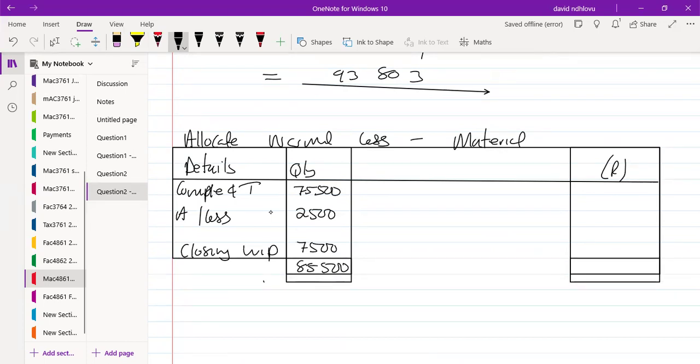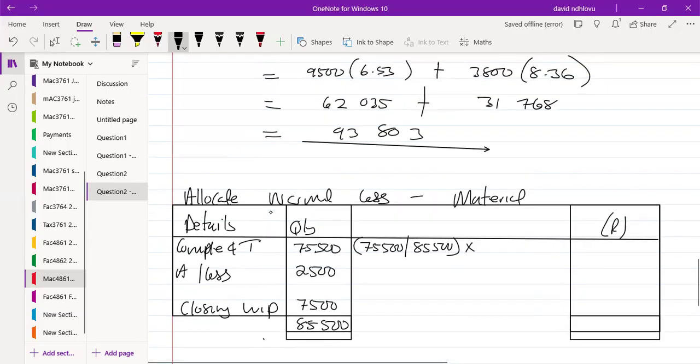So then we are saying, let's share the normal loss based on that total of 85,500 multiplied by the normal loss value in terms of material, which is 62,035. So therefore, 75,500 divided by 85,500, all of that multiplied by 62,035, which is going to give us an amount of 54,779. I just rounded off there.